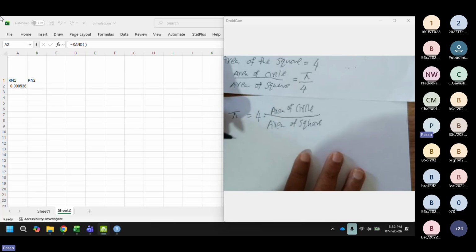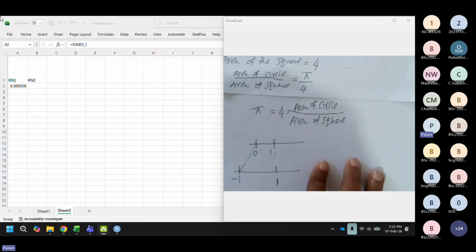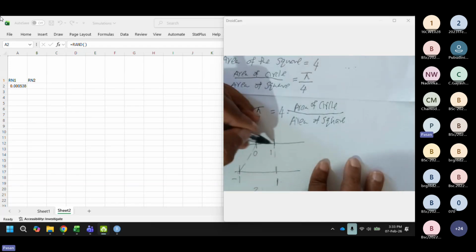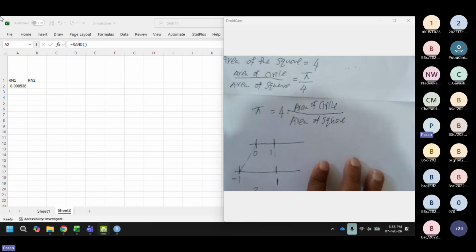So therefore, if I want to convert that to a random number between negative 1 and 1, right? So if I draw the line here, 0 and 1, and then negative 1 and 1, I have to expand this to this interval here. This one has a width of 2, so whatever the random number I'm getting here, I have to multiply by 2 to increase the width.